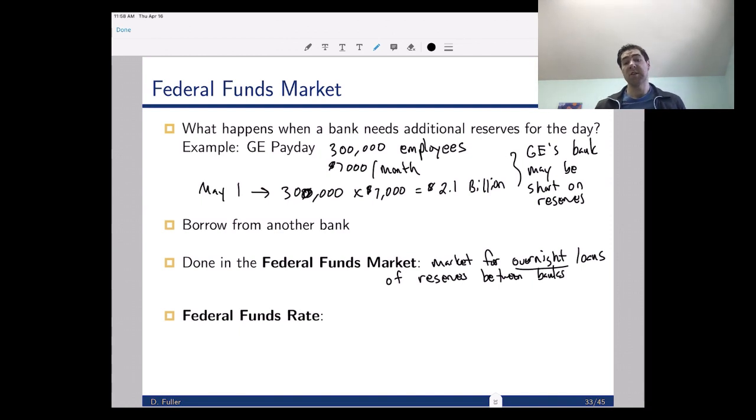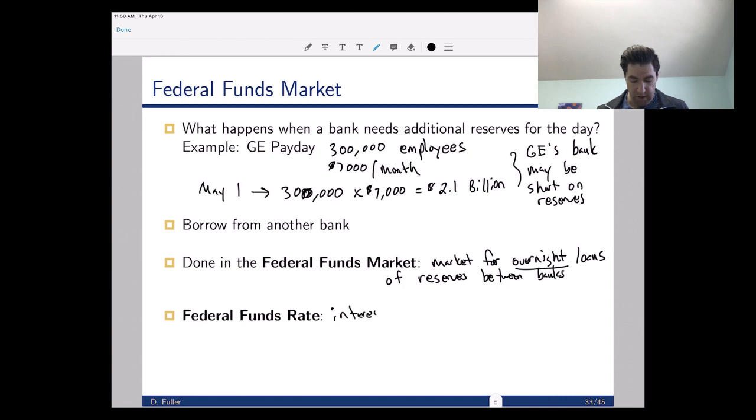So if GE needs to borrow $2.1 billion, which isn't unreasonable for a bank to borrow in this market overnight, I'm going to borrow this from another bank. And so what would cause a bank to part with its reserves? I have to pay them something, right? And that's going to be interest on the loan. The federal funds rate is the interest rate that banks pay on loans, overnight loans for reserves.